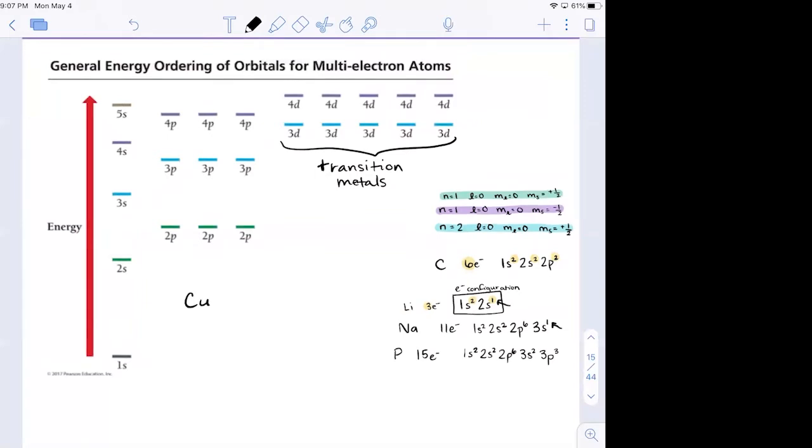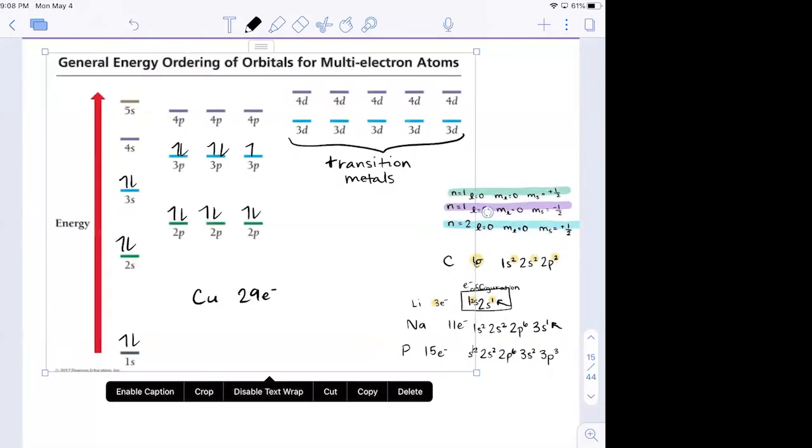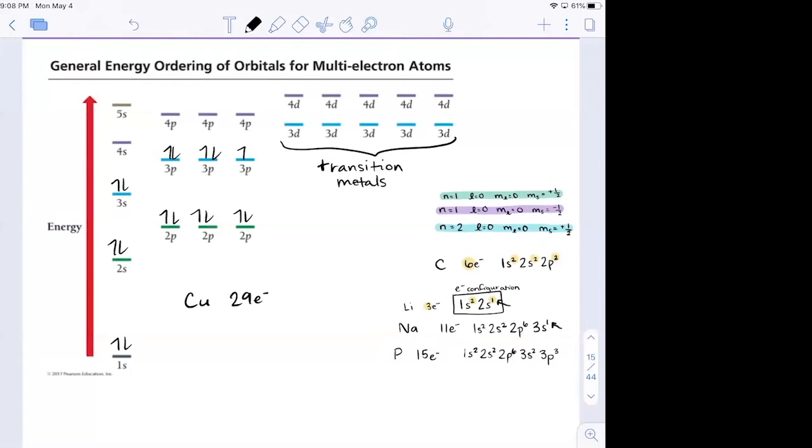copper. Copper has 29 electrons. 1, 2, 3, 4, 5, 6, 7, 8, 9, 10, 11, 12, 13, 14, 15, 16, 17, 18, 19, 20.